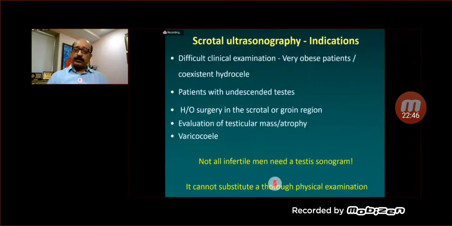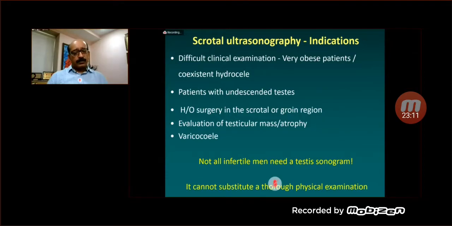Coming to the role of scrotal ultrasound in the male, the indication is whenever there is a difficulty in clinical examination, especially in cases where there is significant obesity, or there is the presence of a hydrocele. Patients with undescended testes can be taken for ultrasound, or those with a suggestive history of surgery in the past, especially of the scrotal or groin region, or when we have to assess a testicular mass or atrophy.